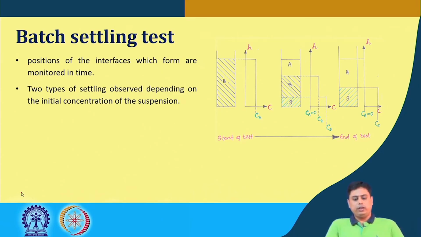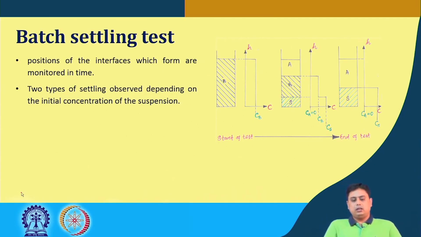Now, if we observe the interface between the clear fluid and the suspension at regular times, then we will see two types of settling phenomena. One is described here on this slide.